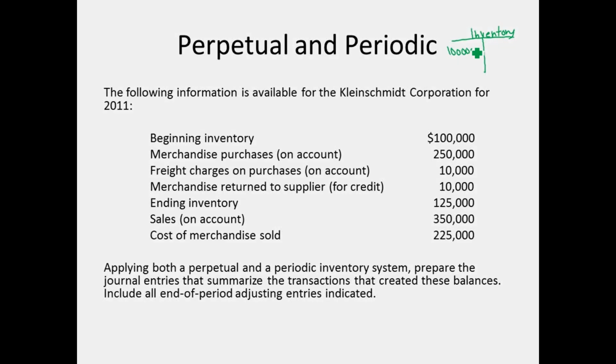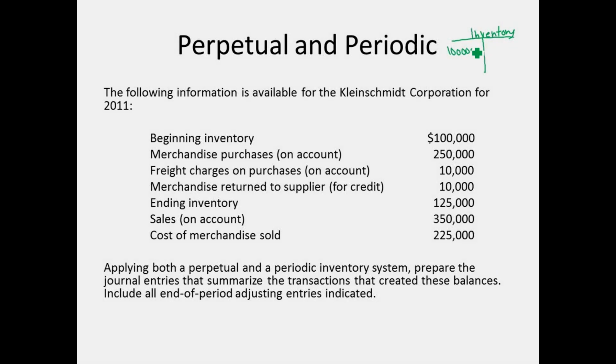They're probably expecting to sell more than $100,000 worth of inventory this period, so they need more than they're sitting on. They have to pay freight charges on that inventory. They decide some of this inventory is either not what we expected, not up to specification, damaged, or whatever, and they return some of it.